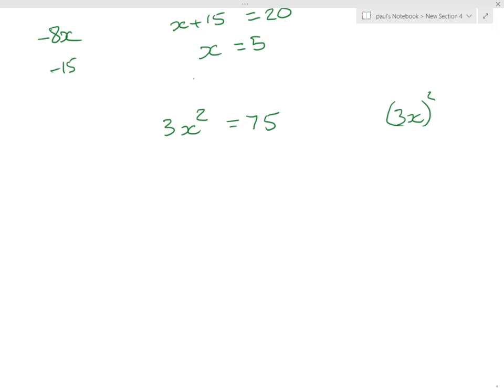It's just this. So first of all, we're going to divide by 3 to leave x squared equals 75 divided by 3, which is 25. Then we're going to square root it to get rid of the square, which leaves x, and the square root of 25 is 5, but it's plus or minus 5.